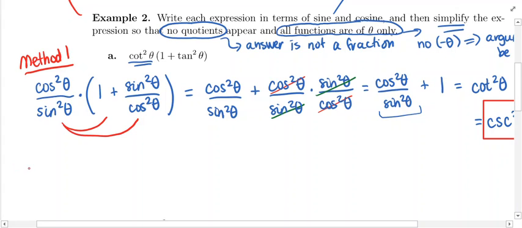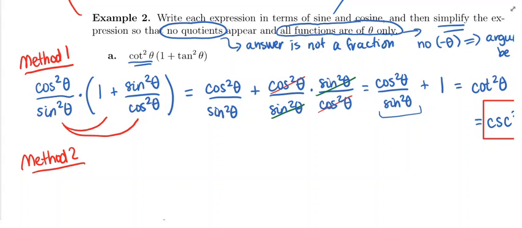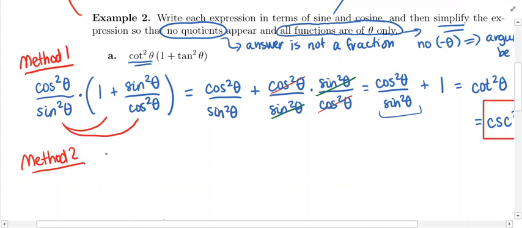Okay, so I'm going to work it another way. You're going to see we get the same answer, but it's not necessary to convert everything to sine and cosine. Sometimes it's a lot easier not to do that. Okay, so I'm going to put this in a different color. I'll write this second method in black. Okay, I'm going back to the original problem.